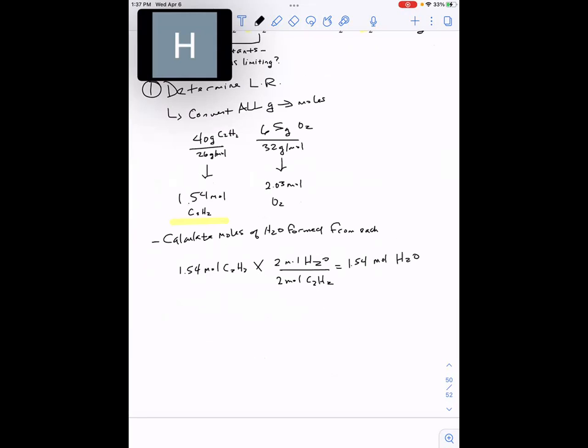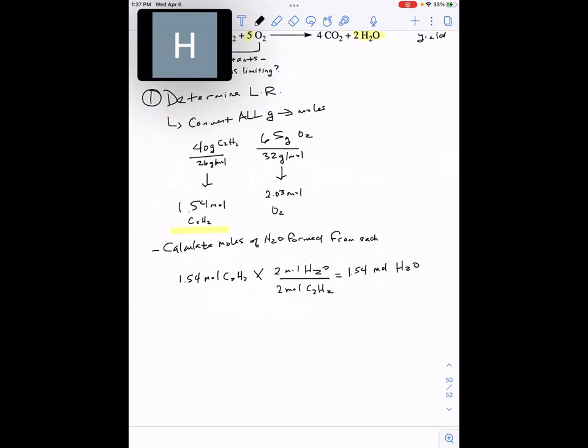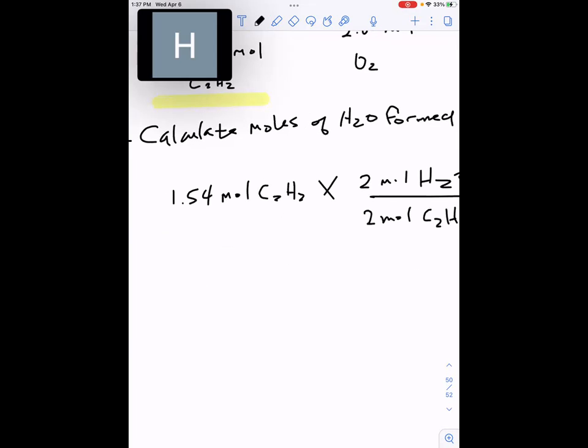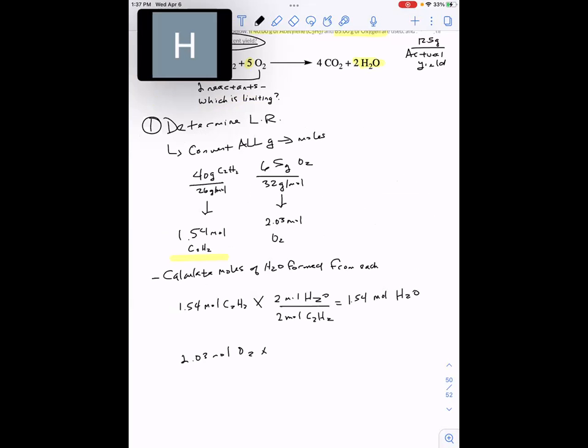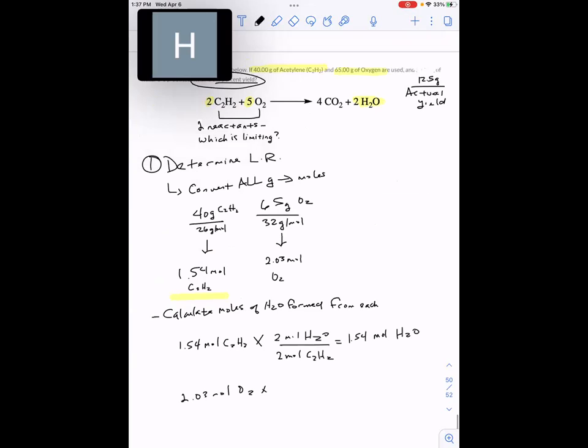All right. Now let's figure out how much water oxygen will produce. So it's going to be 2.03 moles of O2 times, if we look at the equation, what's the ratio of oxygen to water? Look at the coefficient in front. There's a 5 in front of oxygen. There's a 2 in front of water.